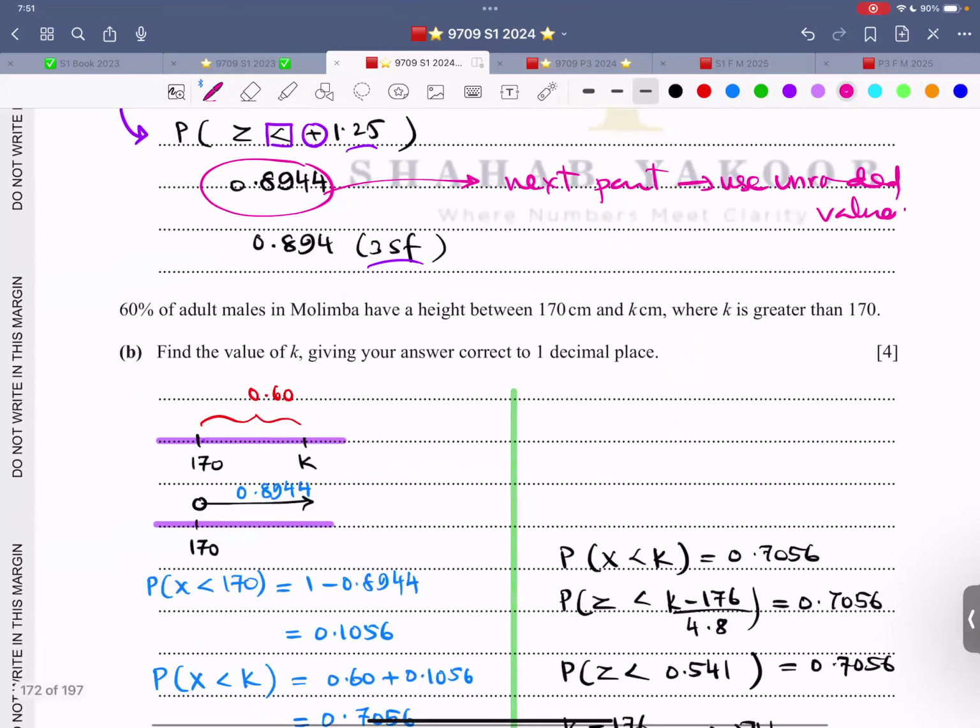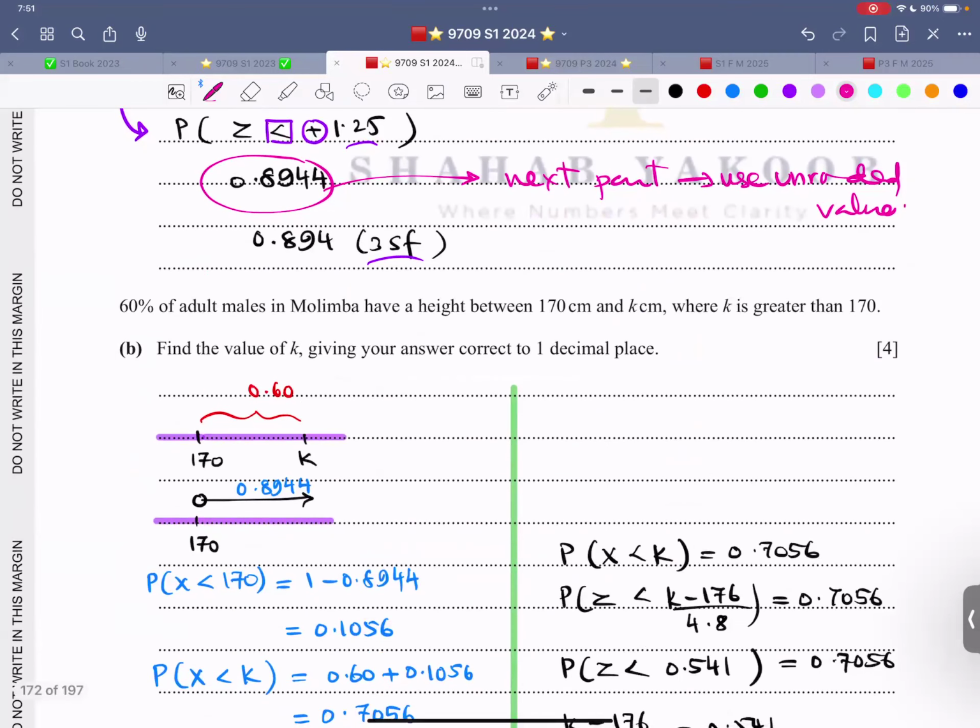Now the next part, a nice part for 4 marks. Now there are different ways, different people teach this. I have my own way of teaching it, and I use number line. Now it says this thing that 60% of the adult males have a height between 170 and K, where K is greater than 170.